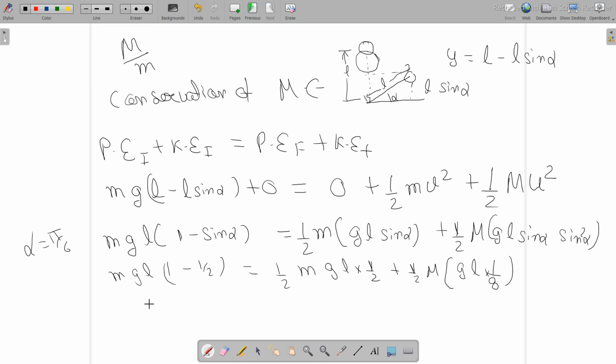Therefore, this will be m g l by 2 is equal to 1 by 2 m g l into 1 by 2 plus 1 by 2 M g l into 1 by 8. So 1 by 2, 1 by 2, and this 2 will get cancelled. Now g and l also get cancelled.